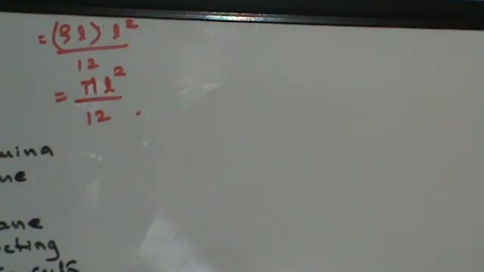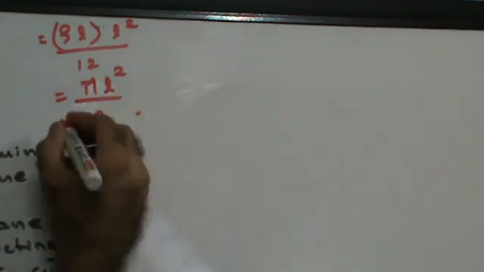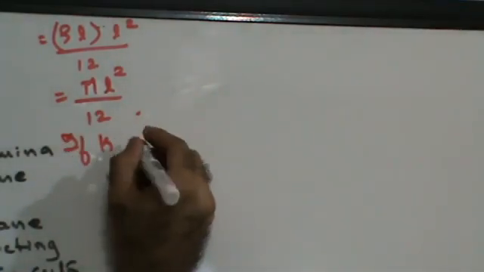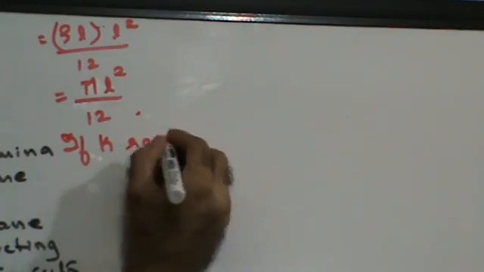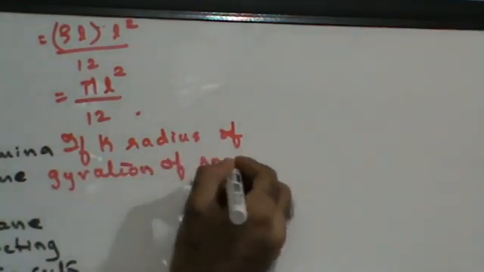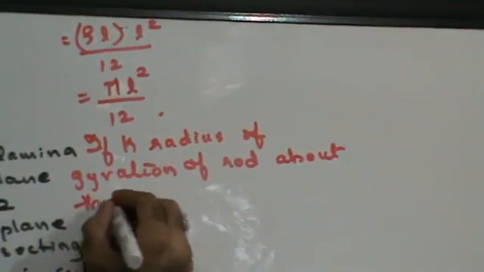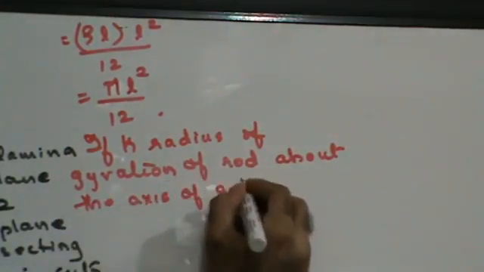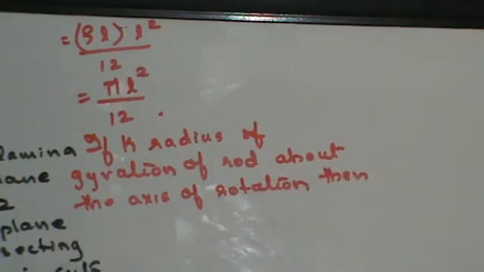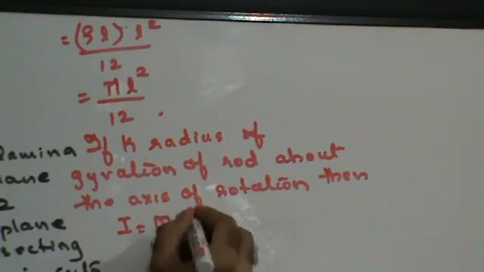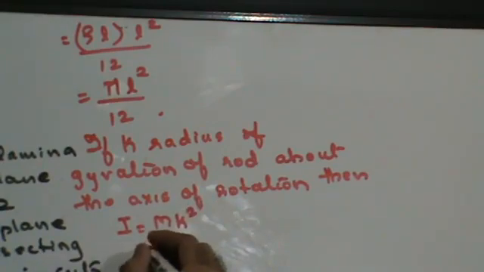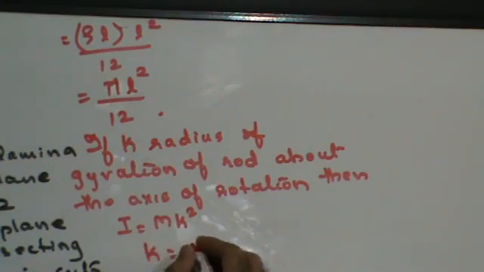Alright. Now, how do I find out the radius of gyration of this rod? Now, I can say that if K is the radius of gyration of the rod about the axis of rotation, then I is equal to mk square, in which case k is equal to square root of I upon m.